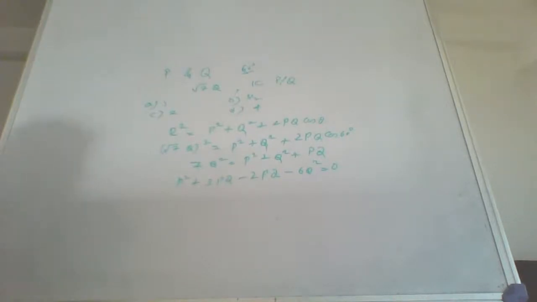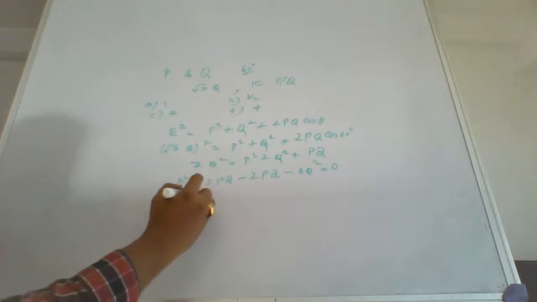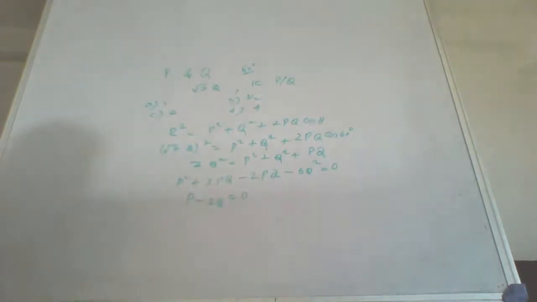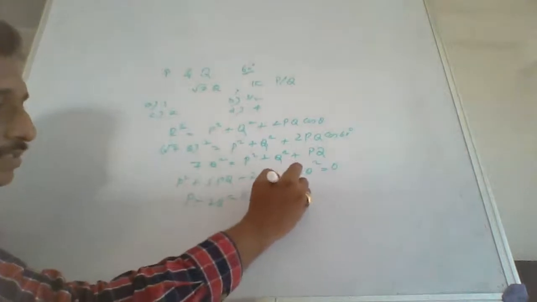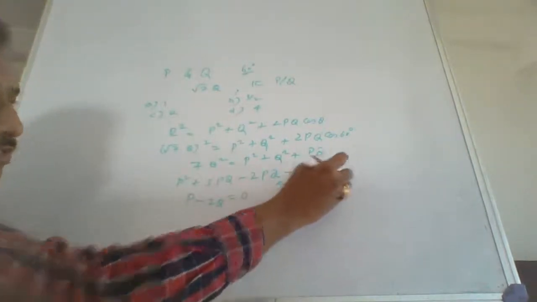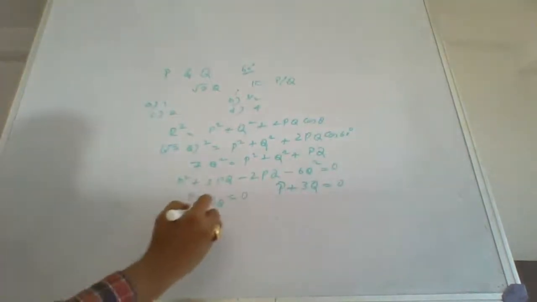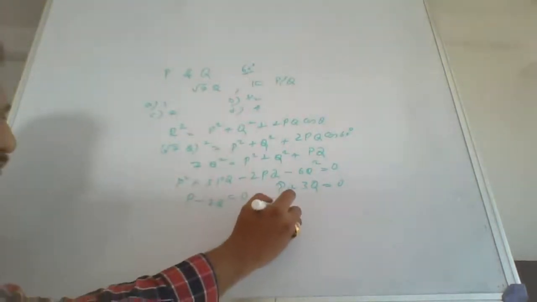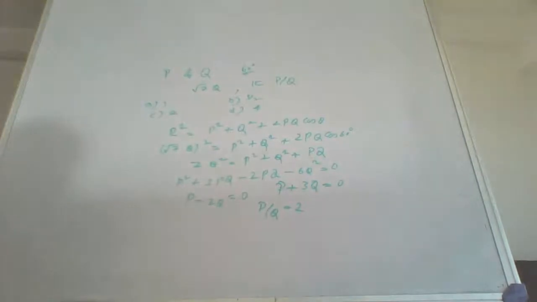If I simplify further, I get P minus 2Q equal to 0 and P plus 3Q equal to 0. So we have the answer, which is P by Q is 2. So that is the solution for that.